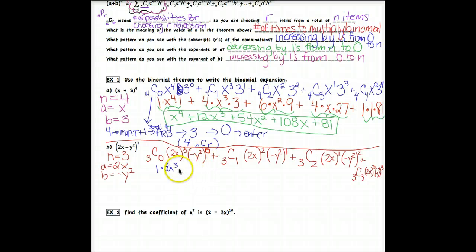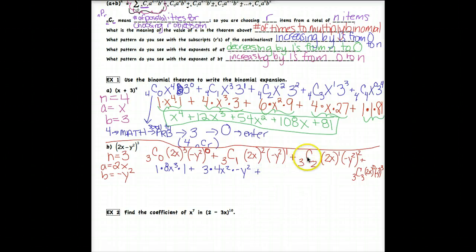Here, anything to the 0 power is 1, so I've got that. Over here, I've got 3 choose 1, which is just 3, times 2 squared is 4, so 4x squared, and then times negative y squared.